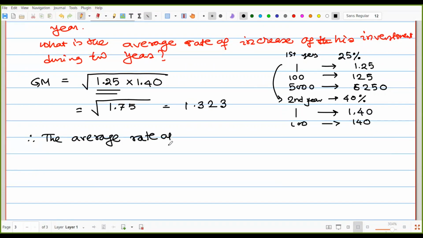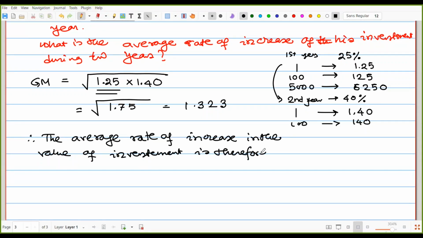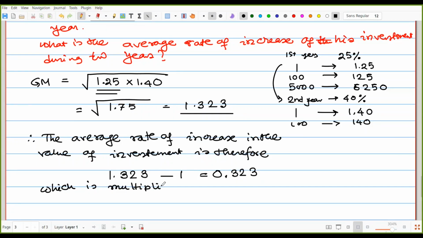So the average rate of increase in the value of investment is therefore whatever we have found, 1.323. 1.323 minus 1 is 0.323, which is then multiplied by 100 to get the correct value.